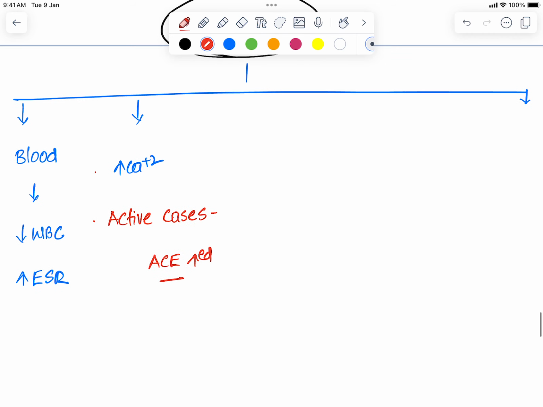And the next important is the chest X-ray. So almost 90% of the patients have the abnormal chest X-ray, right? And that abnormality will be in the form of, number one, the interstitial lung disease, right?